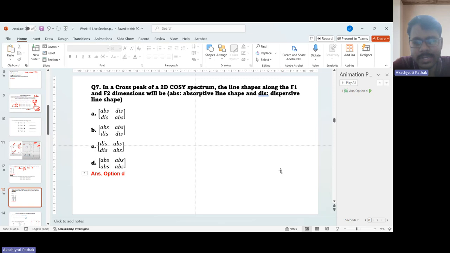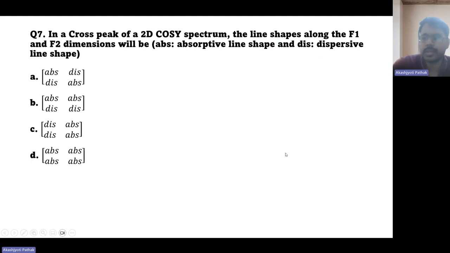Just now I discussed this, that in both the F1 and F2 dimensions.